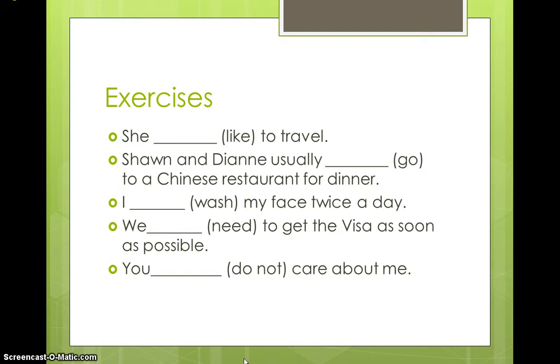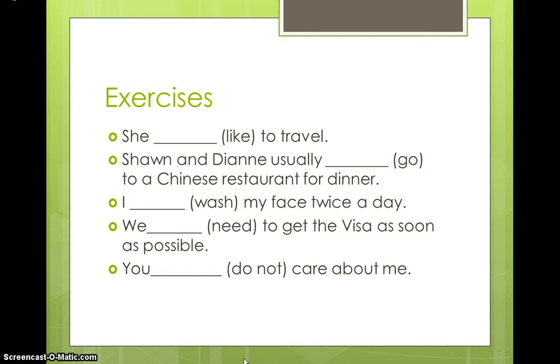Okay, the third one, without referring to the table, let us guess. I wash my face twice a day. I wash my face twice a day because it still happens. It's in the present. It's present tense. So wash because of I, if you refer to the table earlier.